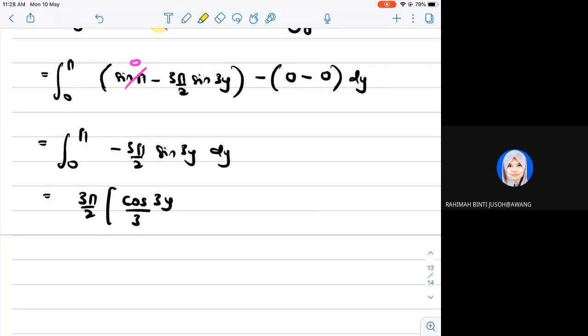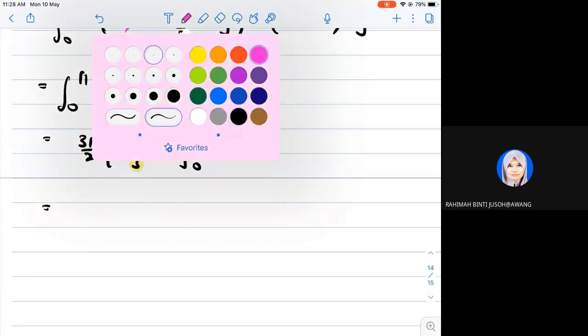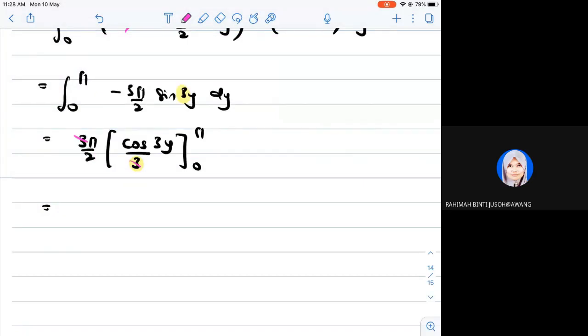Jangan lupalah, ni constant ni bawa ke bawah. Okay. So we have from 0 until pi. So now 3 dengan 3 boleh cancel. Yang ni cancel, yang ni cancel. So we will have pi over 2 cos 3 pi minus cos 0.